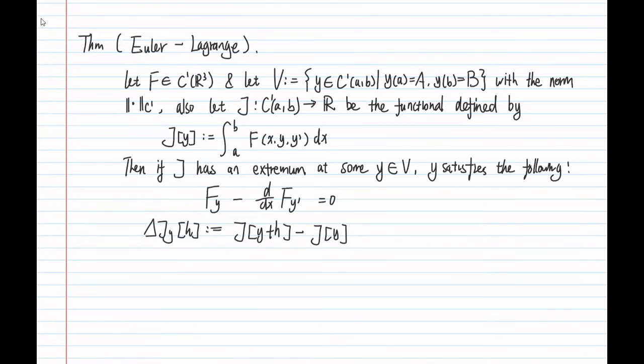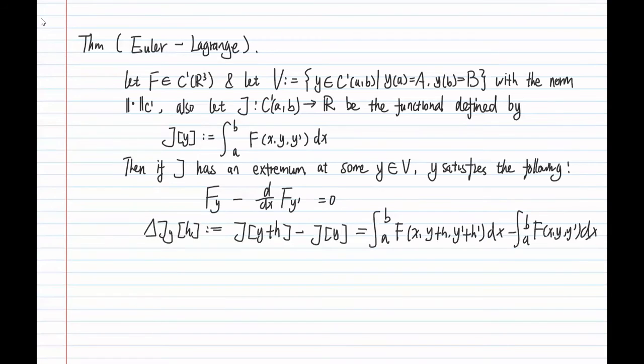Now let's write this in terms of the integration. This would equal the integral from a to b of f applied to x, y plus h, and y prime plus h prime, dx, minus the original, f of x, y, y prime, dx.